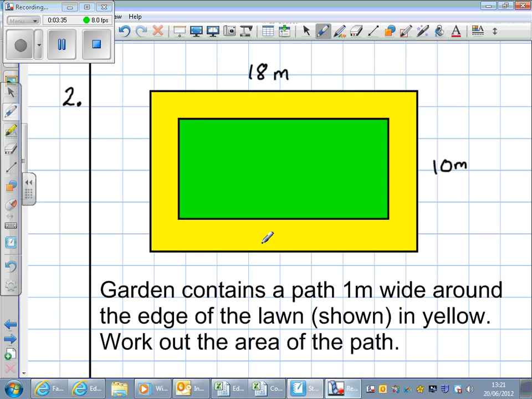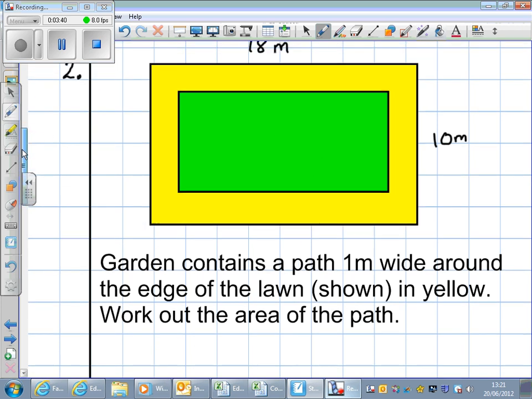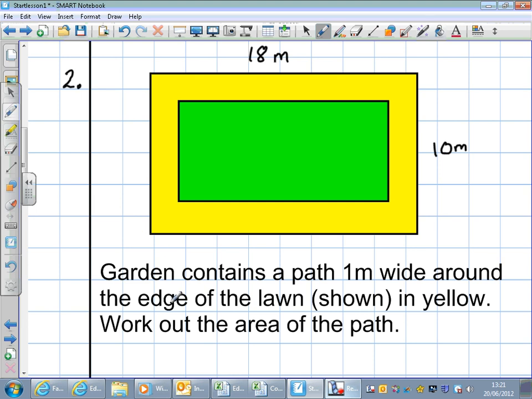Now we're going to work out the area of the path. How do we do so? Let's get rid of this. Now, the first thing we do, and worth a method mark, is we find the area of the whole garden. Now, the area of the whole garden is base of 18 meters, it's a rectangle, times the height of 10.